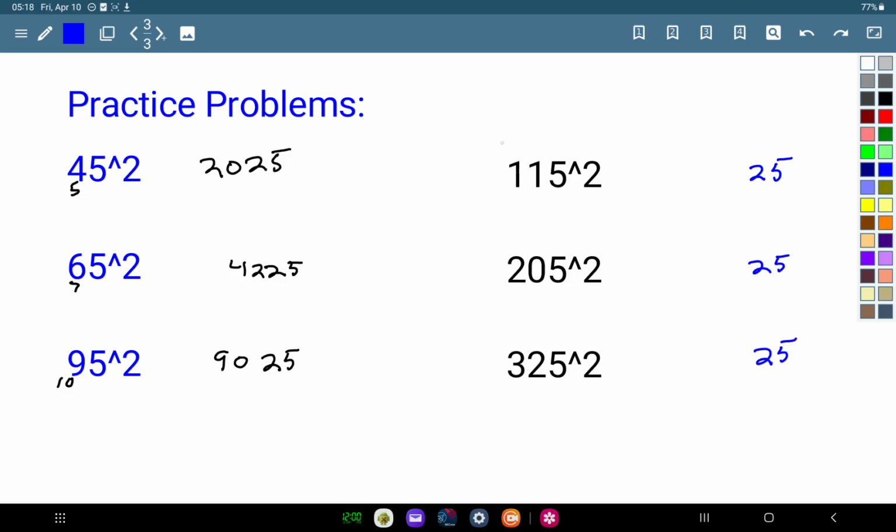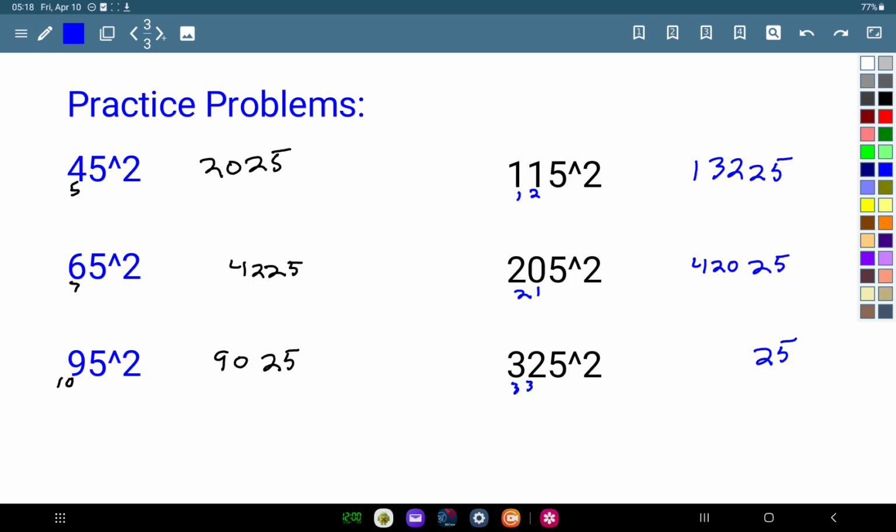Over here on the right side, everything's going to end with the 25. Now, this is a 2-digit number. We're going to multiply that 2-digit number times the next higher number. So 11 times 12 is 132. 20 times 21 is 420. And this will be 32 times 33.